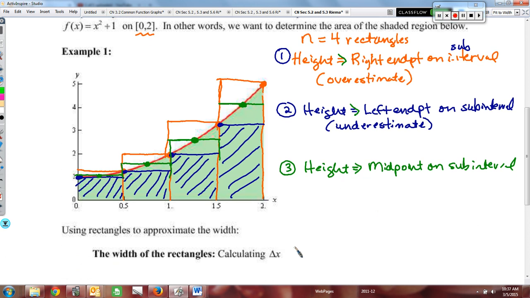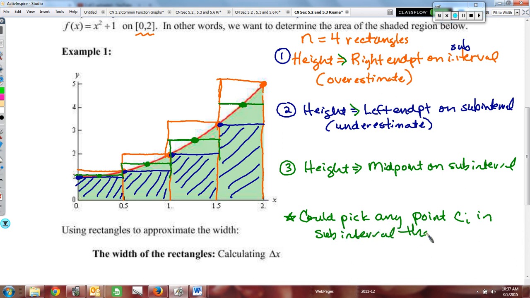But you don't necessarily need to pick the right endpoint, the left endpoint, or the midpoint. Those are just special points. I could pick any point, and I'm going to call it C sub i, in the subinterval, that would give me a good estimate of the area.